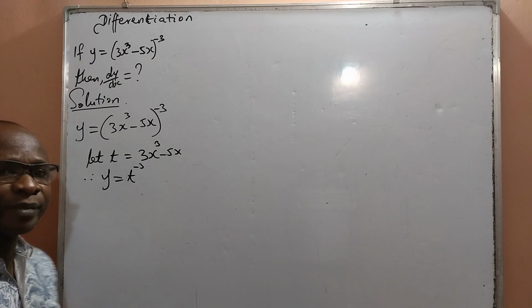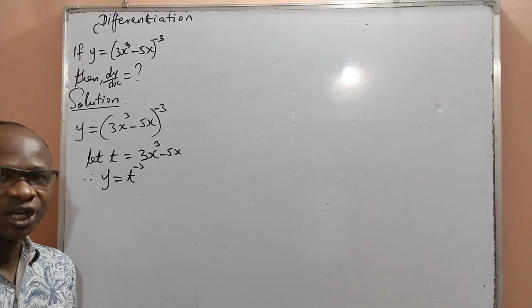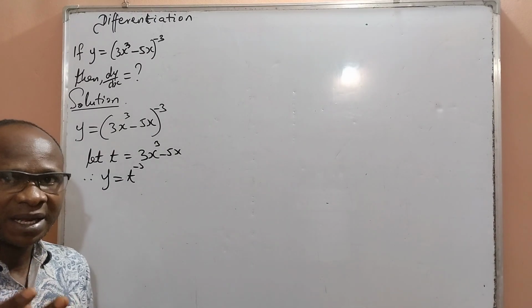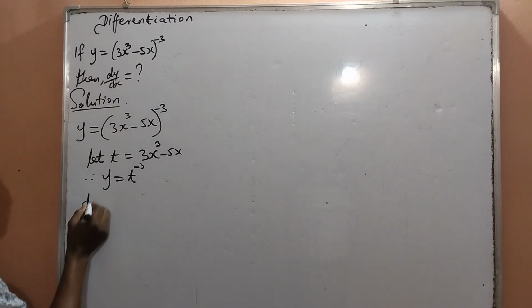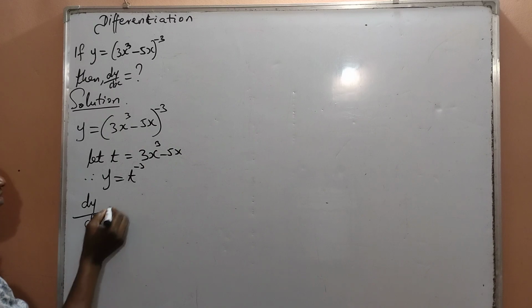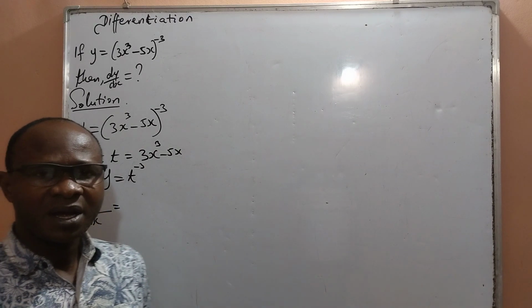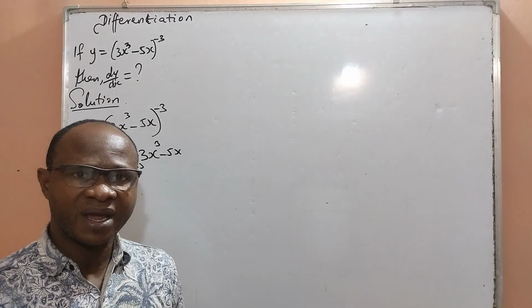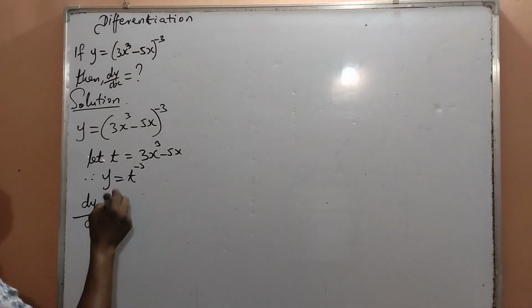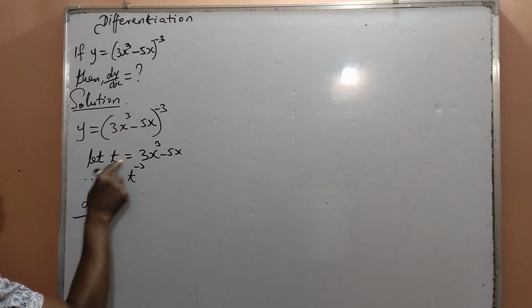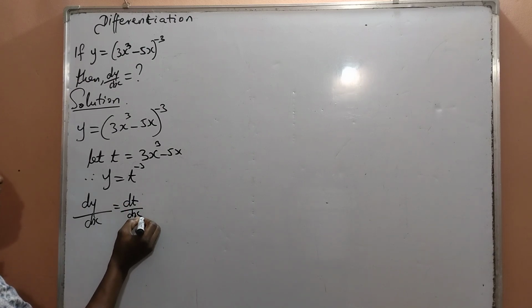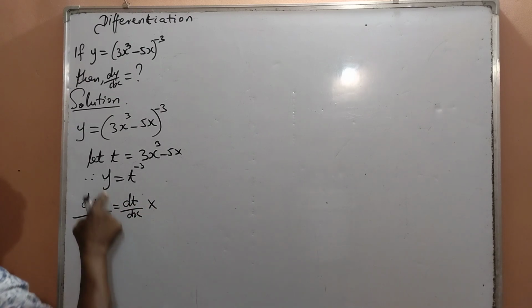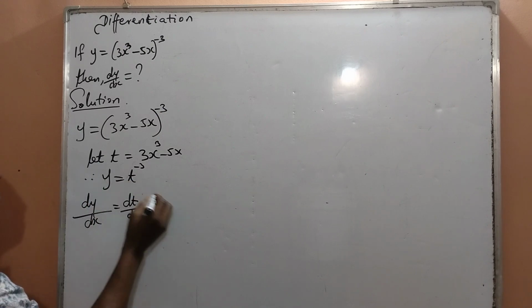Now, I am going to make use of the chain rule in solving this problem. That means looking for dy/dx, differentiating y with respect to x, is going to give me dt/dx, differentiating t with respect to x, multiplied by dy/dt, differentiating y with respect to t.